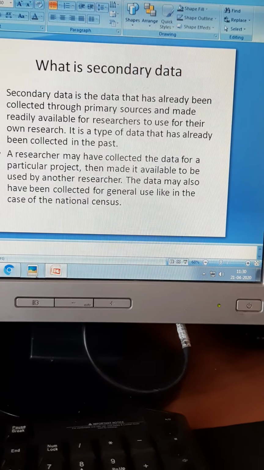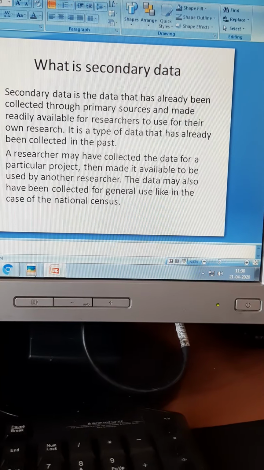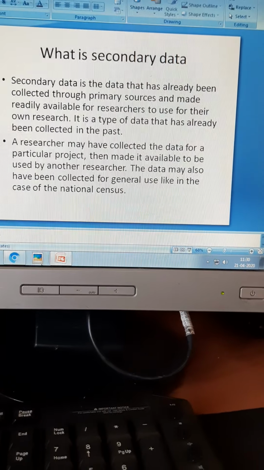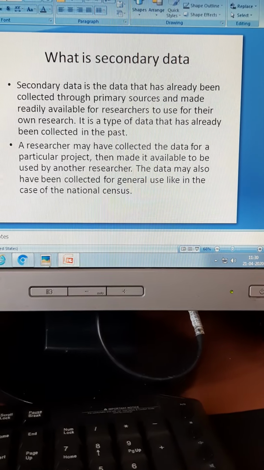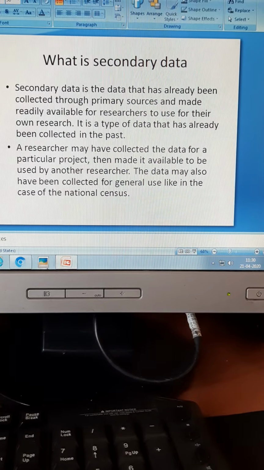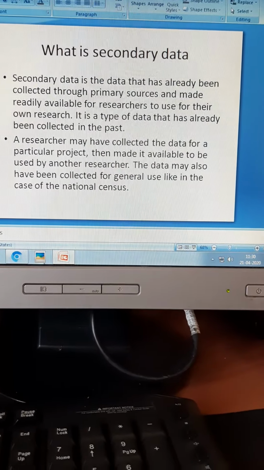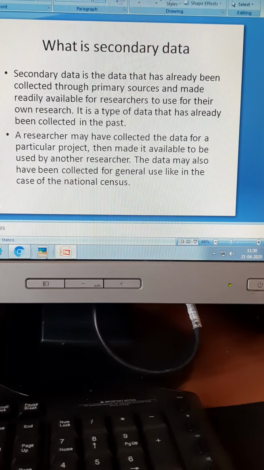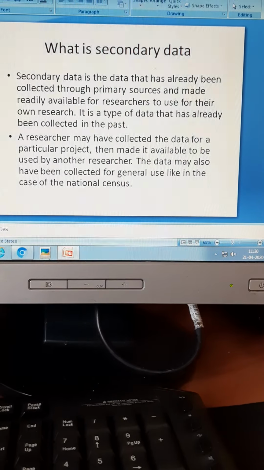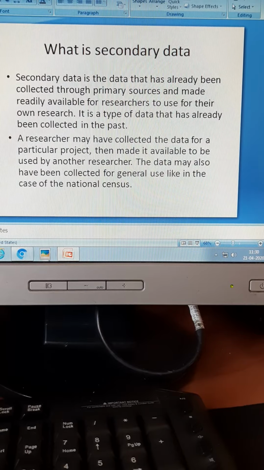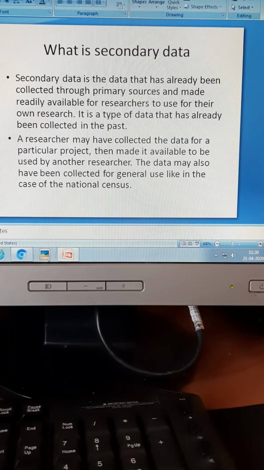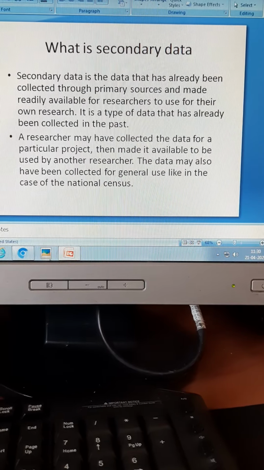For example, the government body, the central government, every 10 years takes a census. This is primary data for the government of India. But this research can be used by a variety of people for analysis. For example, I want to check the malnutrition rate.